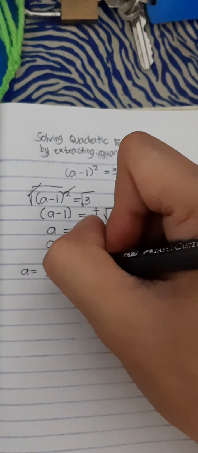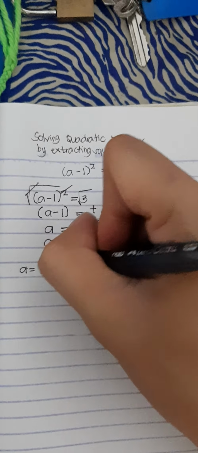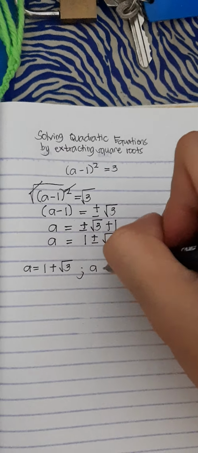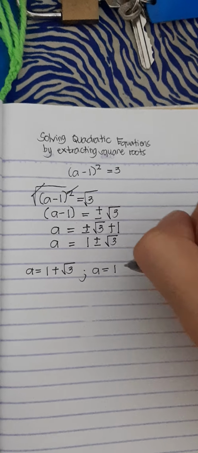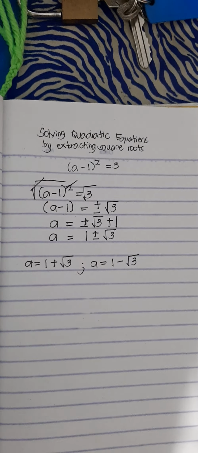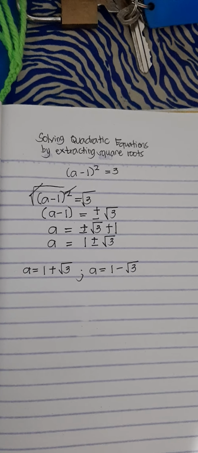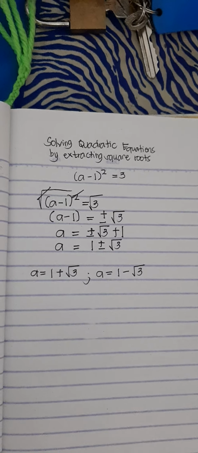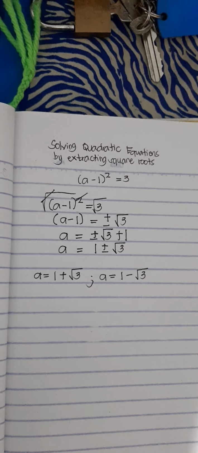So we have a is equal to 1 plus square root of 3, or a is equal to 1 minus square root of 3. So for the checking, you might continue with the checking if you want to be sure that your answer is correct or not.